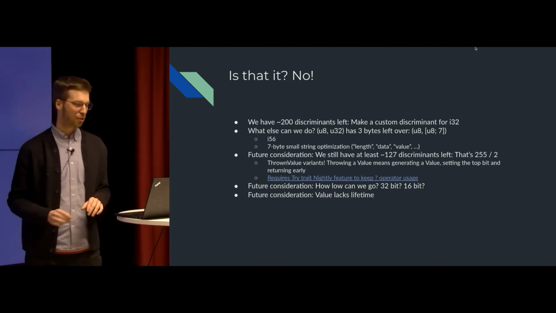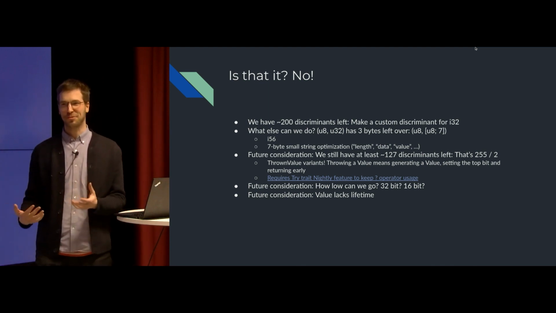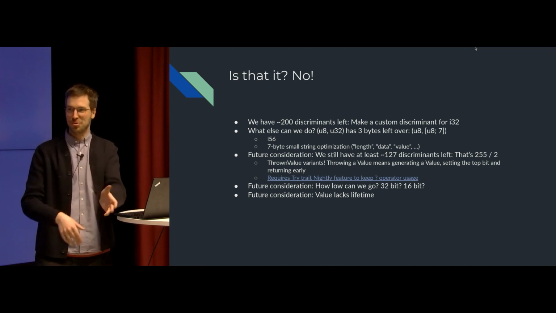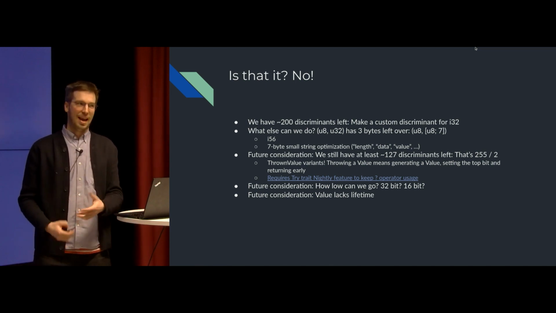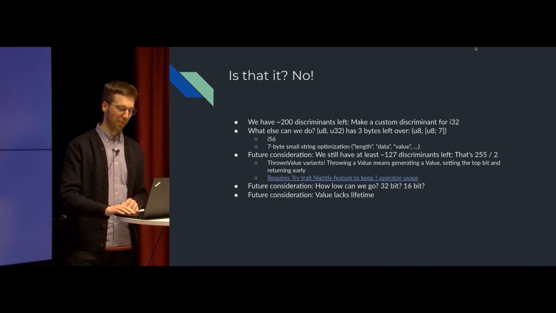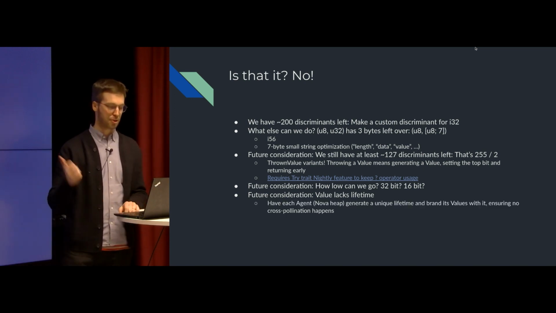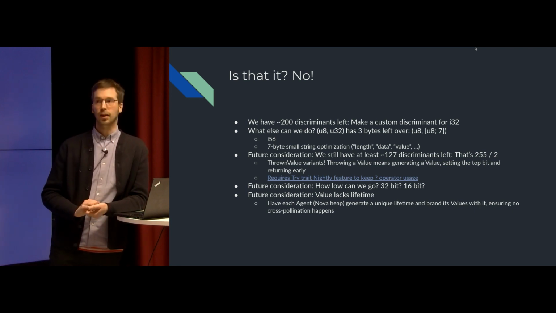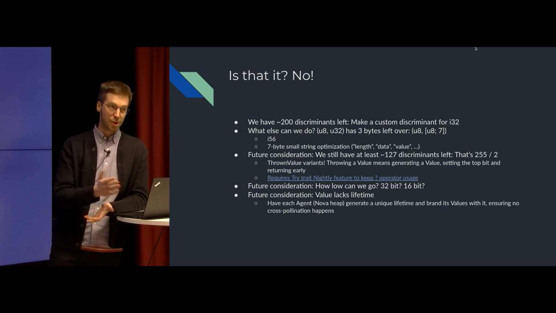Also, our value currently lacks lifetime. That's not really great. You can grab a value, put it on the heap, and use it hours later as if it still worked. No, the index is going to be reused probably by this time. So we need to generate actually unique lifetimes for our agents or heaps.